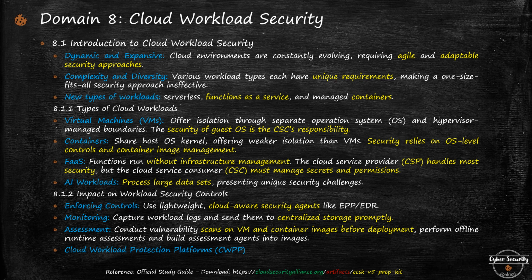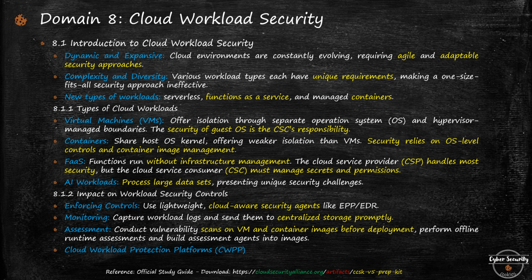So what you can do is define this function and host it on the cloud service provider, or ask them to run this function in their environment, and it is charged by the number of runs. On top of that, now we have AI workloads which process a large amount of data. It poses its own security challenges. So this one we'll discuss later. It is coming in the next slides.